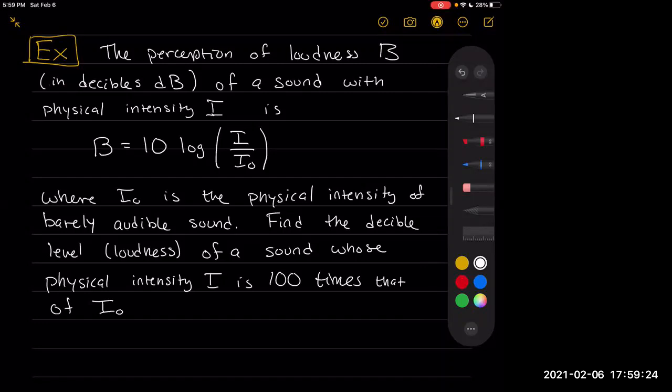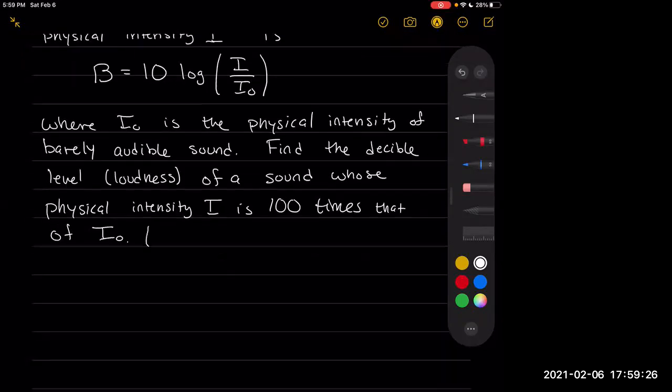Okay, so this means that I equals 100 times I naught.